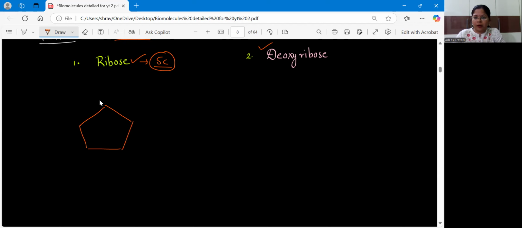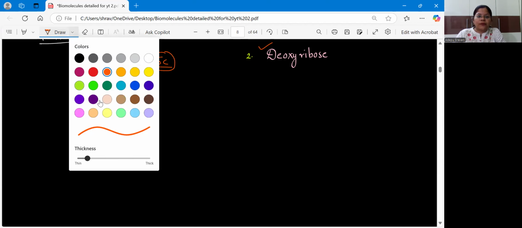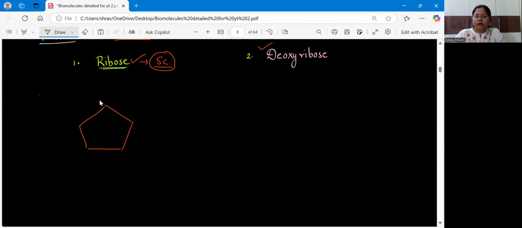The molecular formula for ribose or any other monosaccharide will be CnH2nOn. As I have told, carbohydrates are made up of carbon, hydrogen and oxygen. Ribose is a 5 carbon sugar, so carbon will be 5, hydrogen will be 10, that is 2n, and oxygen will be 5.